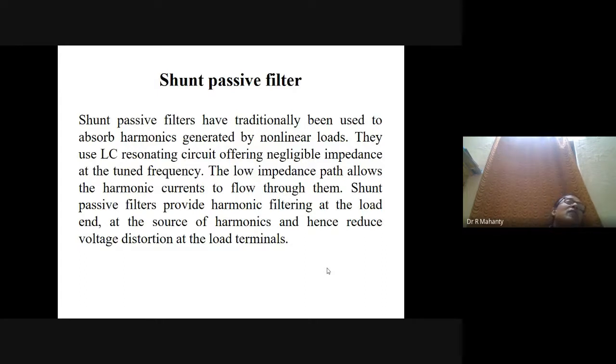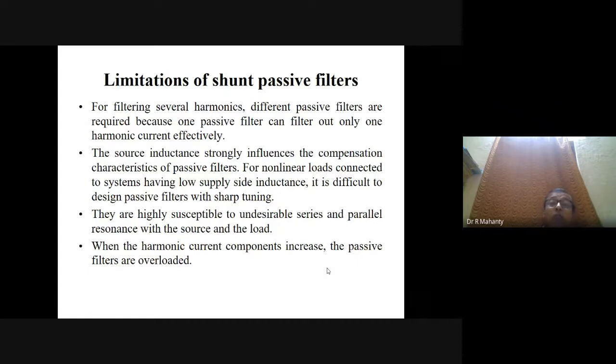If it is a three phase system, the most dominant harmonic will be the fifth harmonic, then the seventh harmonic, and like that. So we will have to tune different sets of shunt passive filters at different harmonic frequencies to get rid of the harmonics. Now, when you use so many things together, there are associated problems also. Now, what are the limitations of shunt passive filters?